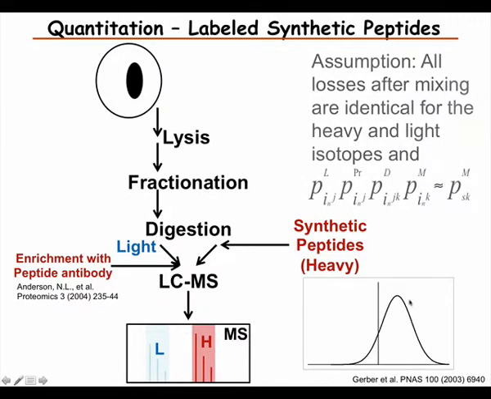But again here, because of the asymmetry, our sample goes through these steps, including the digestion that can sometimes vary quite a bit, and we mix in our heavy peptides. Because of this, we can get quite large systematic errors.